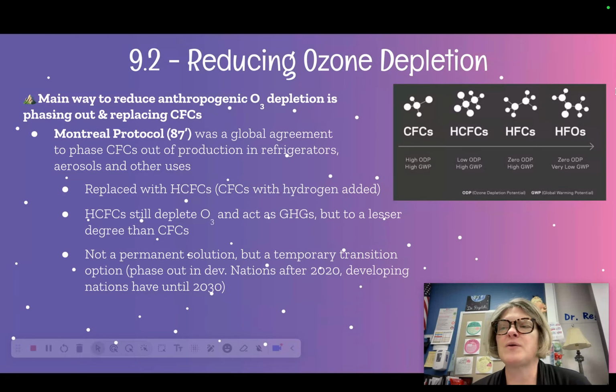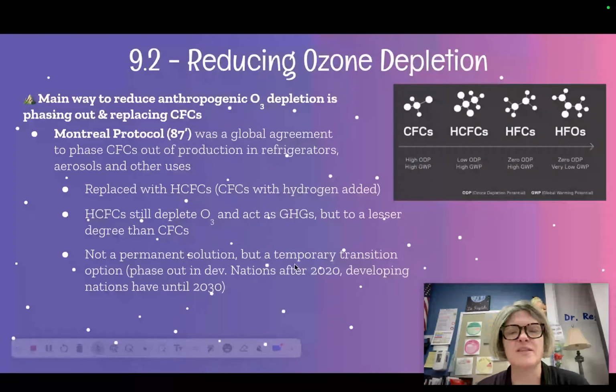What we want to end up doing is getting to where all industrial purposes, or even for consumers, we're using these HFOs, which are hydrofluoroolefins. And these basically have a zero ozone depletion potential and a very low global warming potential. So it's not a greenhouse gas, and it's not going to harm the ozone layer. That would be ideal. We're doing this slowly in phases, and so the developed nations have said that after 2020, those are going to be completely phased out, and I believe that that's happened.